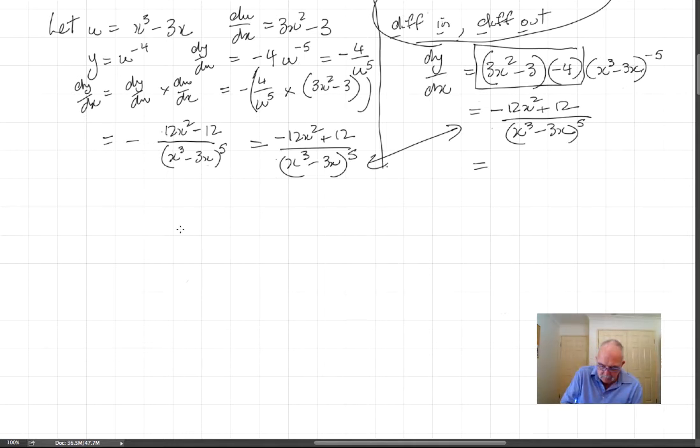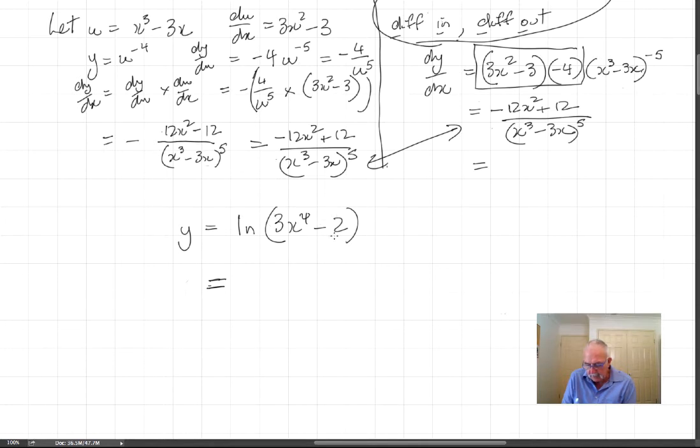So maybe we do one more example, and I'll just do it using the shortcut. So if we've got y equals natural log of 3x to the 4 minus 2. First of all, we recognize that it's going to be a chain rule problem because we've got two functions going on.